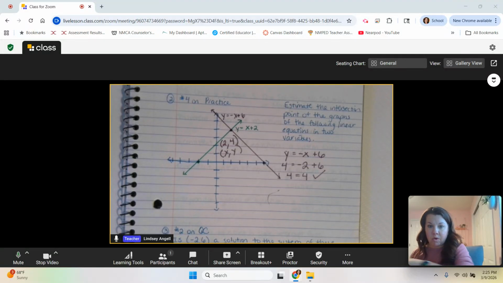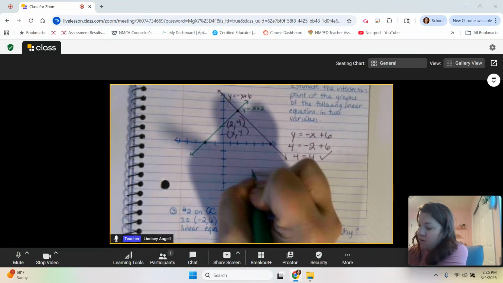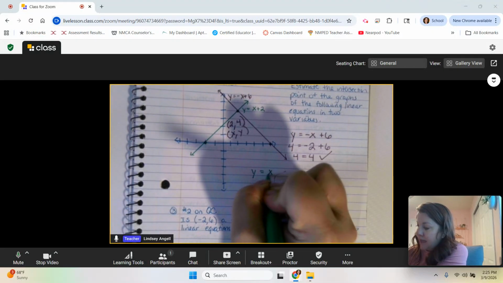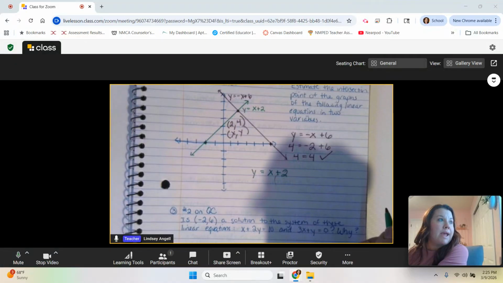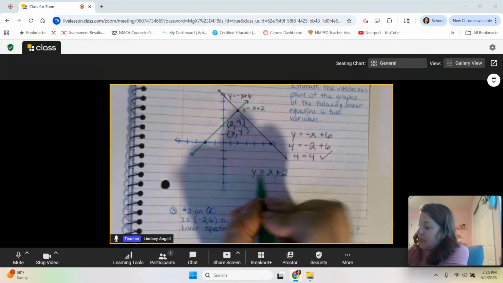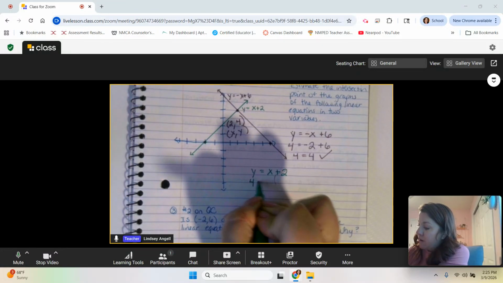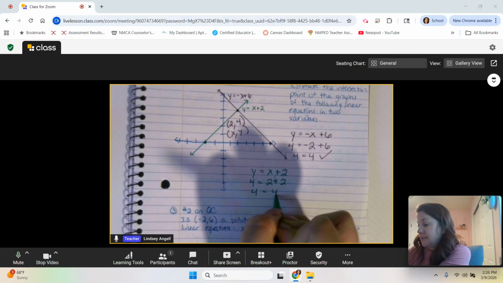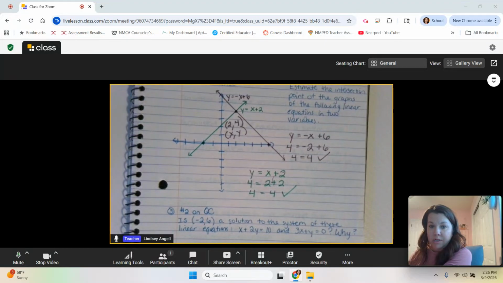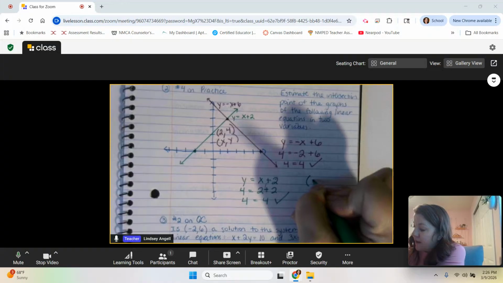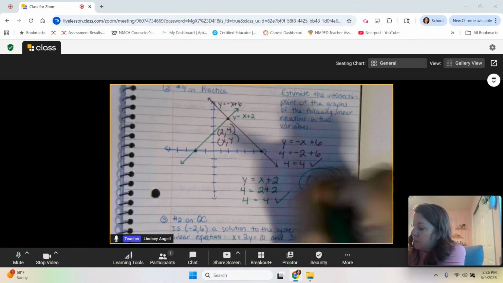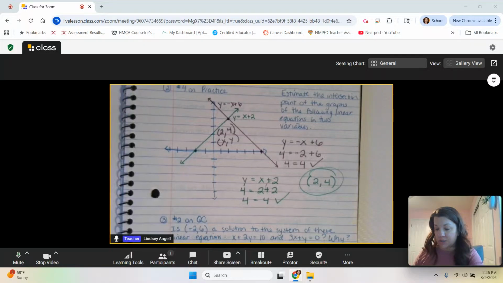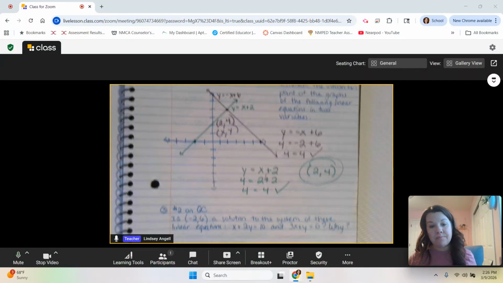And then the green one, we have y equals x plus 2, right? Yep, there we go. And so we would say 2 plus 2, so 4 does equal 4. Again, that one checks out. So our final answer would be the point 2, 4. That is our solution. Okay?